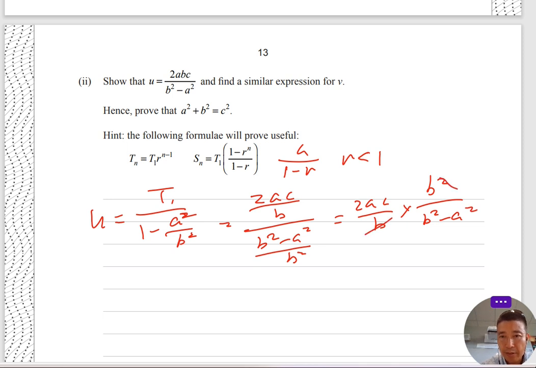B and B gone. So that becomes 2ABC over B squared minus A squared. So we proved U equals that. Then V was hard, because I made a mistake, sorry, in finding the V.